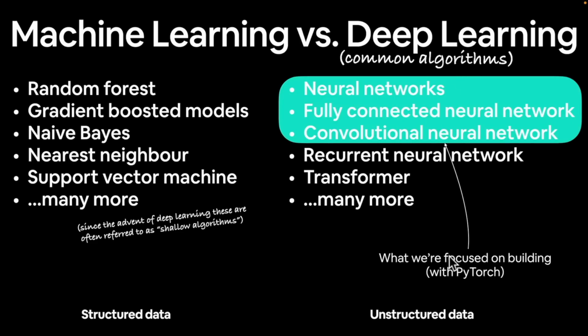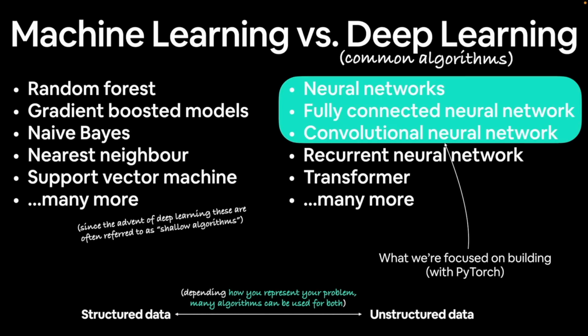But the exciting thing is that if we learn these foundational building blocks, we can get into these other styles of things here. And again, part art, part science of machine learning and deep learning is depending on how you represent your problem, depending on what your problem is, many of the algorithms here and here can be used for both.